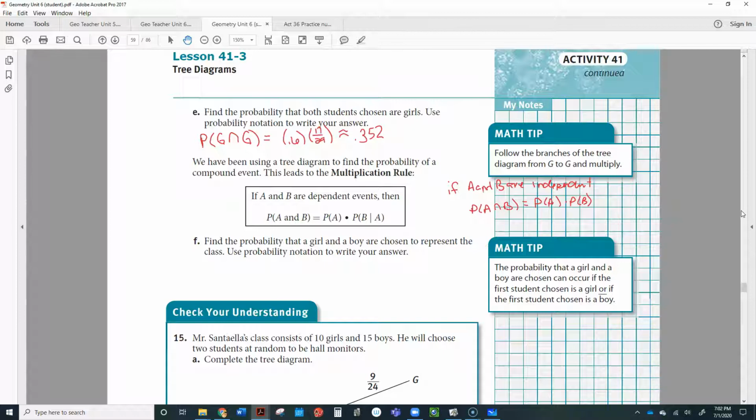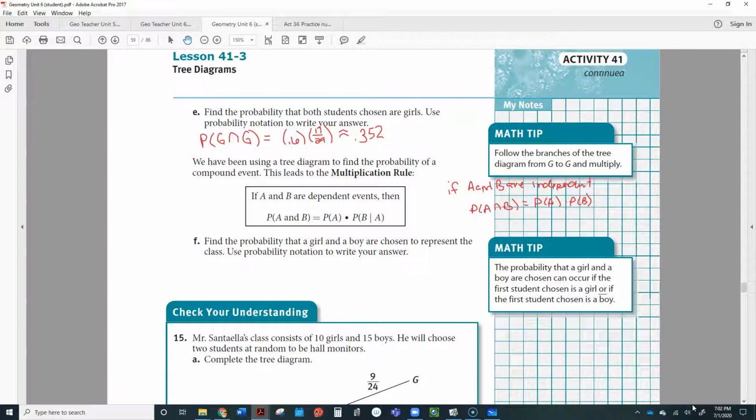So if you put the name in the hat and you pulled it out and then you put it back and then you drew a second one, those would be independent events, because what you drew on the first one did not change what you drew on the second one.